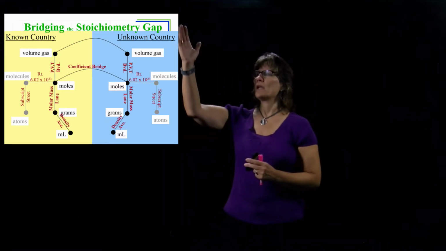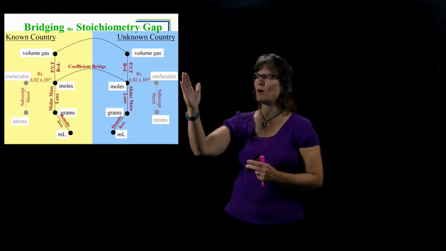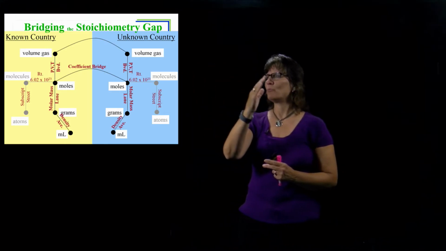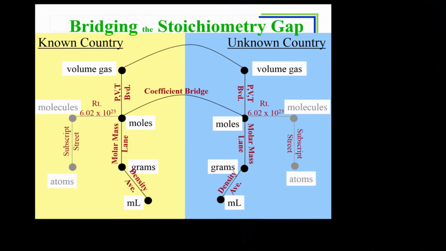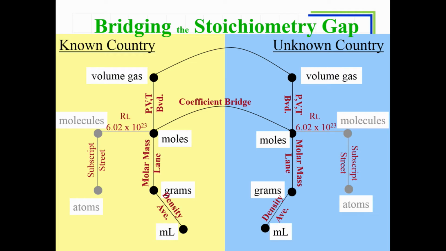Okay, and we see we can come down PVT volume of our known. We can cross over that bridge over to the moles of an unknown. And if we needed to know the volume of the gas, which typically is what we'd look for, we can go back up to volume of the gas using that PVT Boulevard.